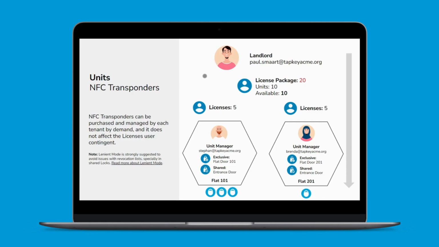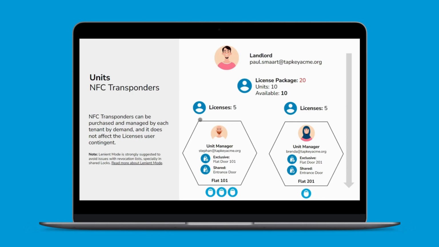So landlords have restrictions in the way of using NFC transponders. A landlord cannot activate an NFC transponder for an exclusive lock, but as soon as a lock is accessible for the unit manager, they can activate NFC transponders in their own locking system.